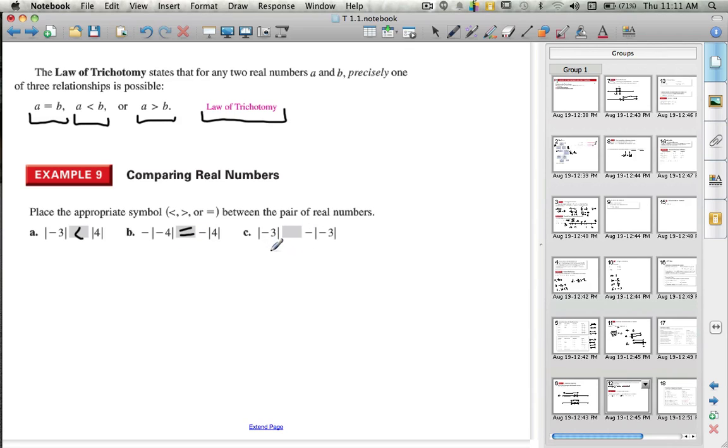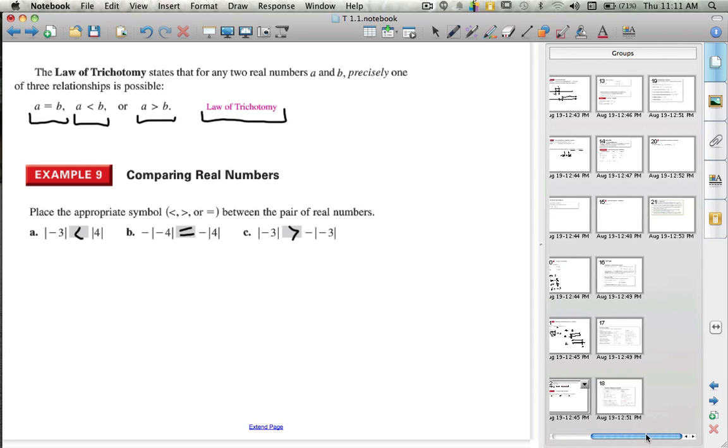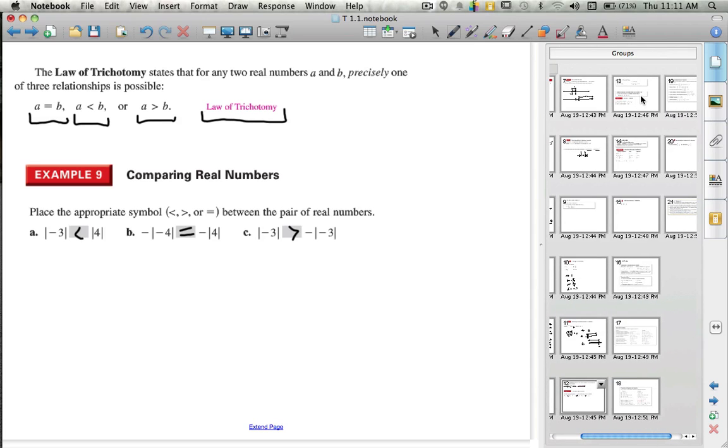And the absolute value of negative 3 is 3, and the opposite of the absolute value of 3 is negative 3, so this would be greater than. Okay, so if you think through these things, it's not rocket science that we're doing here. We're really going back through some really basic algebra things that we should have already learned.